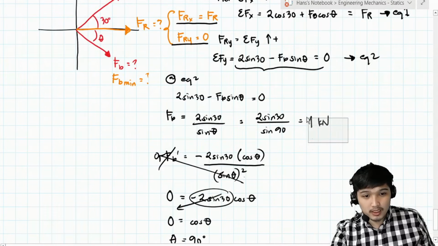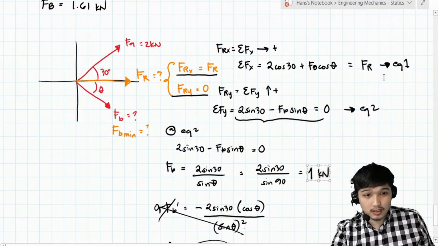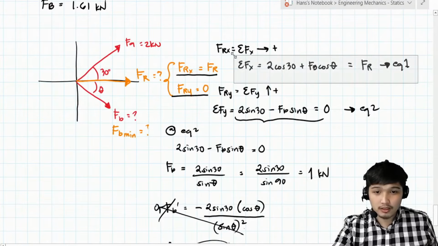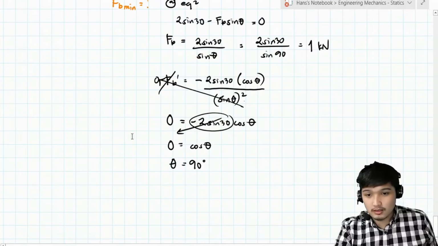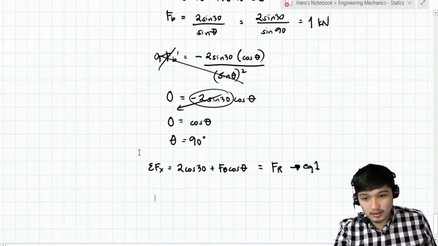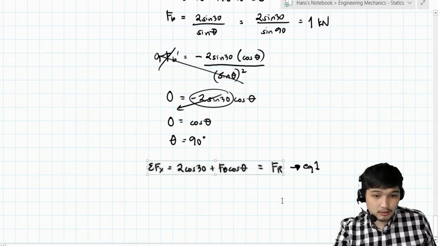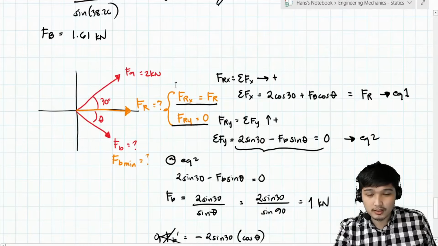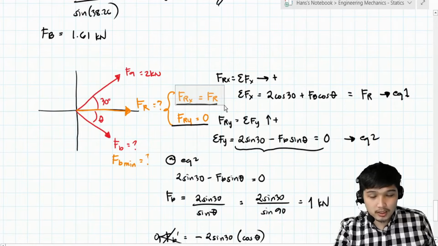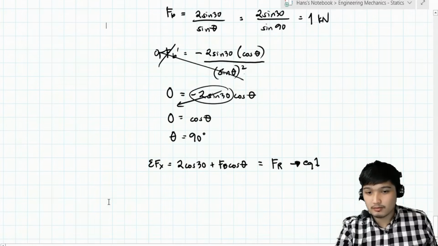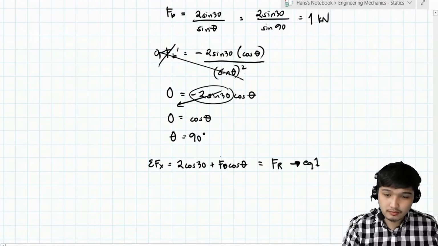Okay, so kung may FB na tayo, we can substitute that one here sa equation 1 natin. So, extract natin tong equation 1. Di ba ito yung equation 1? Summation ng force along x. Ito yung equation na equal siya sa FRX, which is, sabi nga natin, yung FRX must be completely equal dun sa value ng resultant force. Palit na lang natin yan dito.